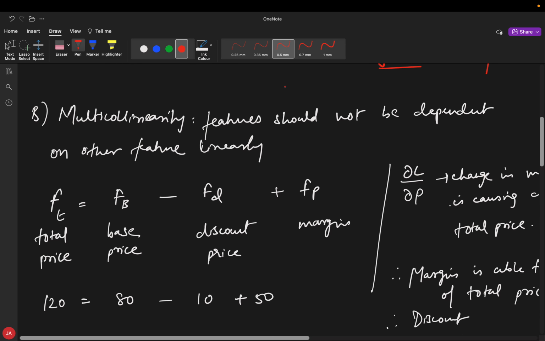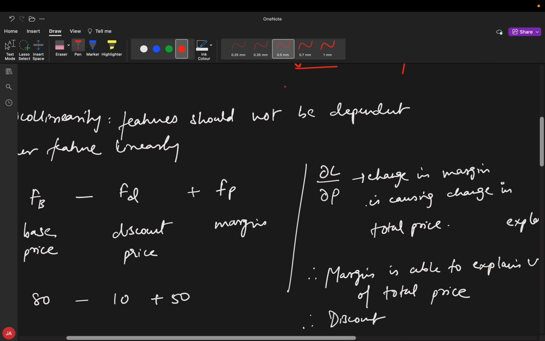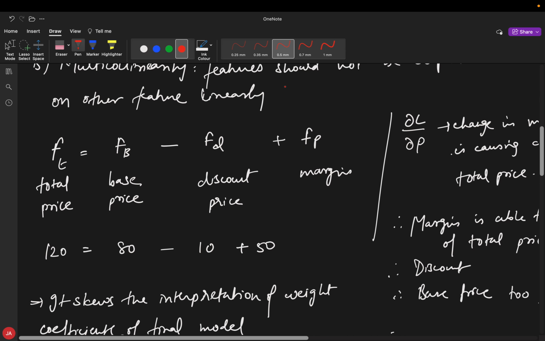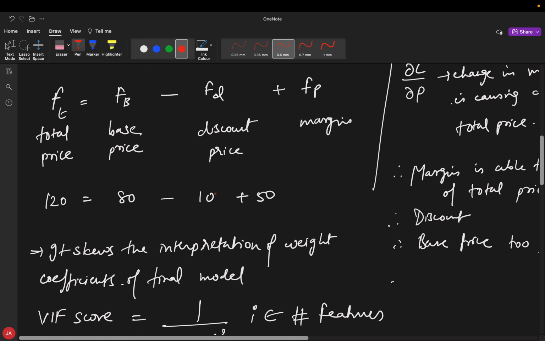Now the second assumption is multicollinearity. Features should not be dependent on each other linearly. For example, we have four features: total price equals base price, discount price, and margin. So total price is dependent upon base price, discount price, and margin.